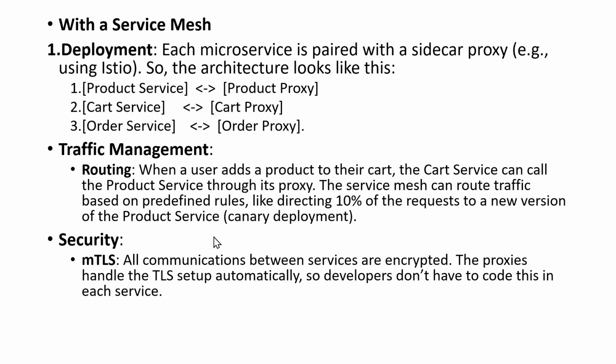We'll understand this canary deployment later, so you just ignore those things. If you want to send a request from cart service to product service, it goes from cart proxy to product proxy. The product proxy communicates with the product service and sends the response back. At that time, it's not necessary to have communication with the order service.